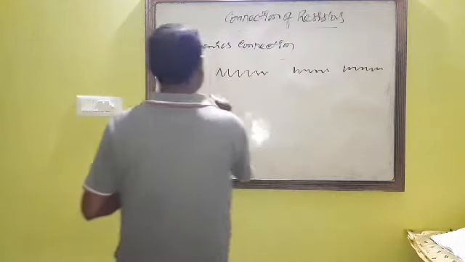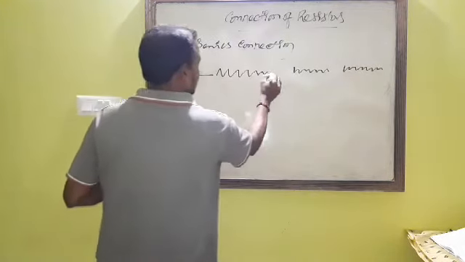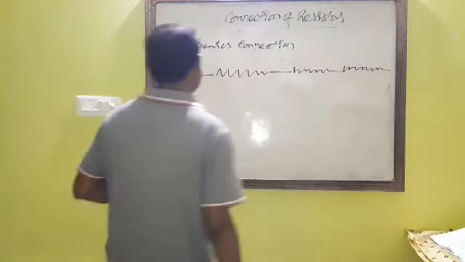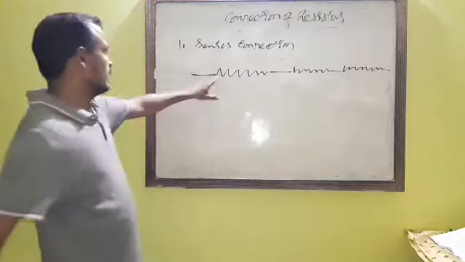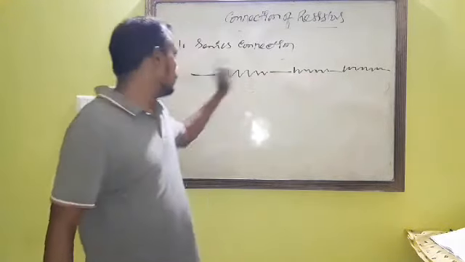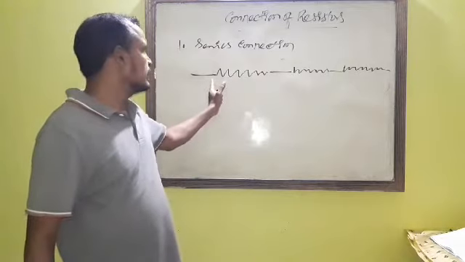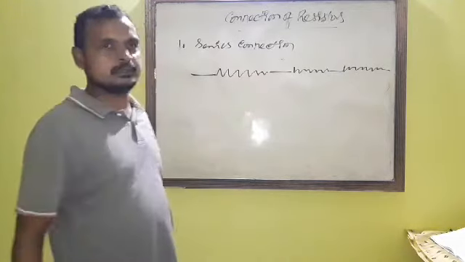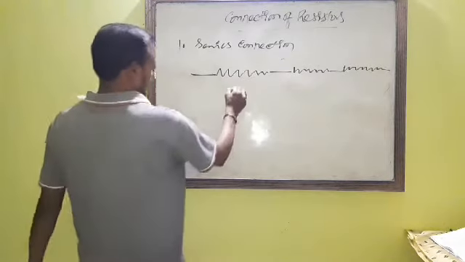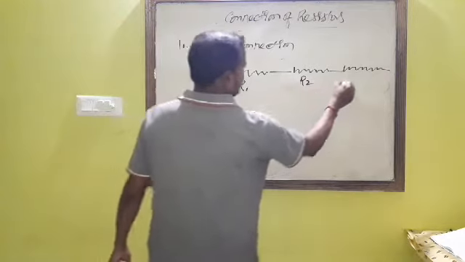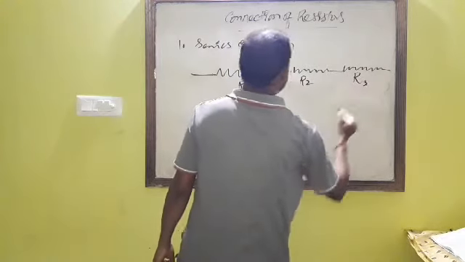You connect them like this, and this is known as head-tail connection. This is tail and this is head. One tail is connected with the other's head. This one has resistance R1, this R2, and this R3.